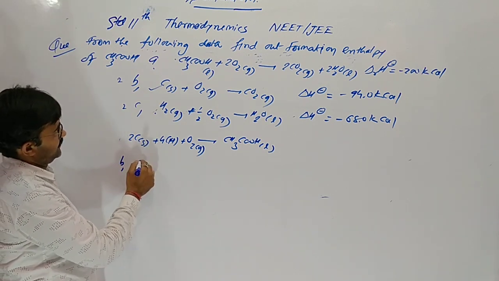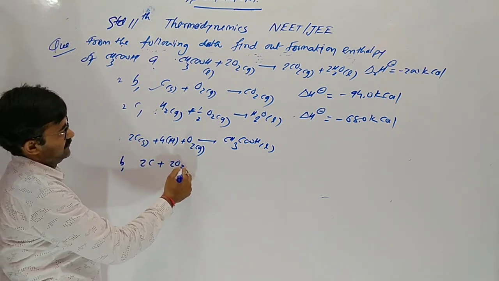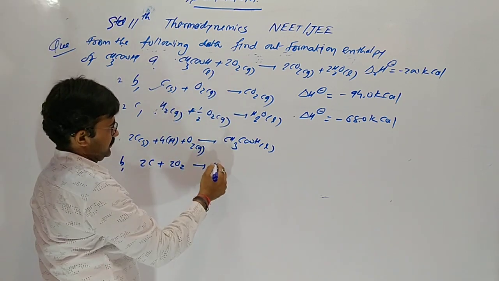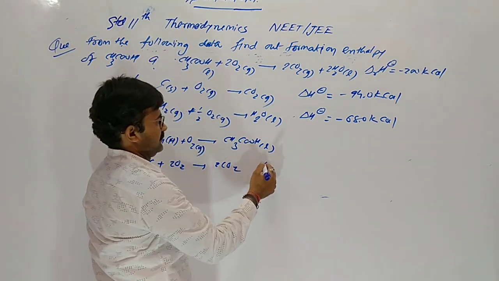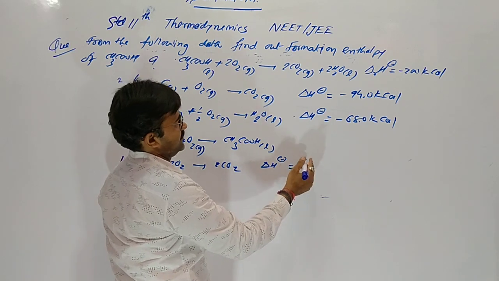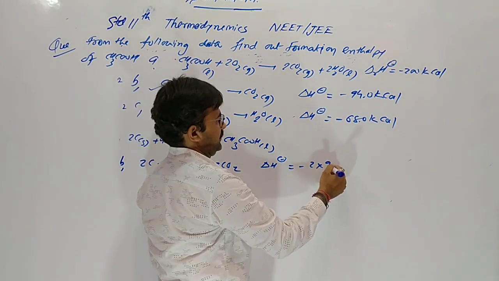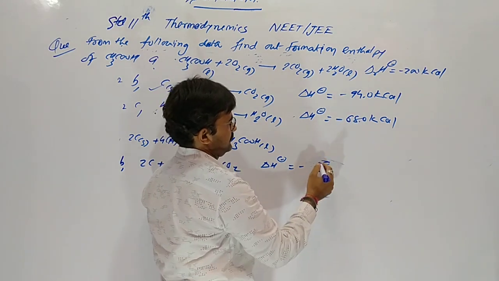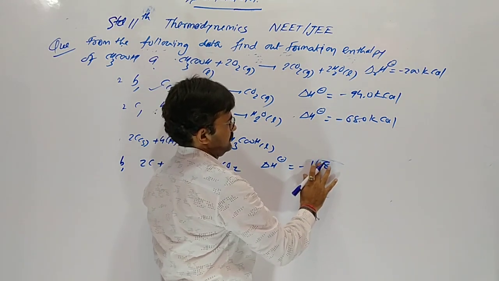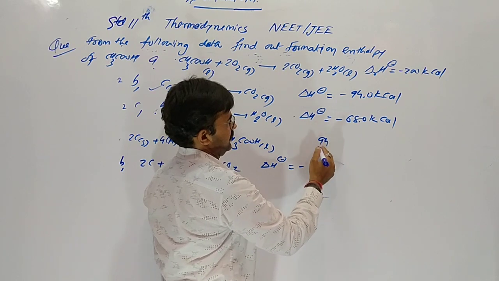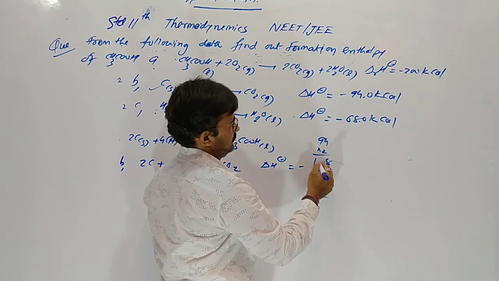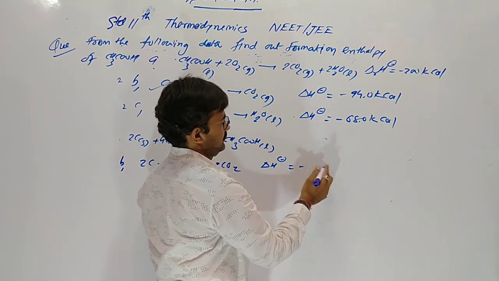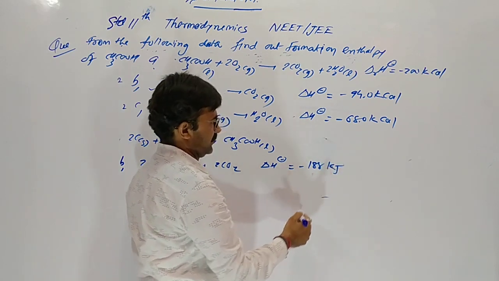Now reaction B multiply by 2, so 2C plus 2O2 gives 2CO2. So delta H 94 into 2, so 188 kilojoule.